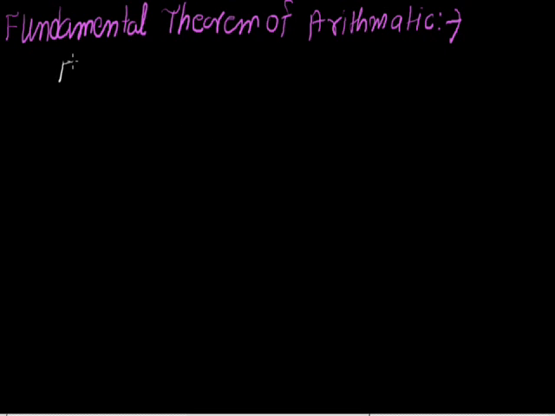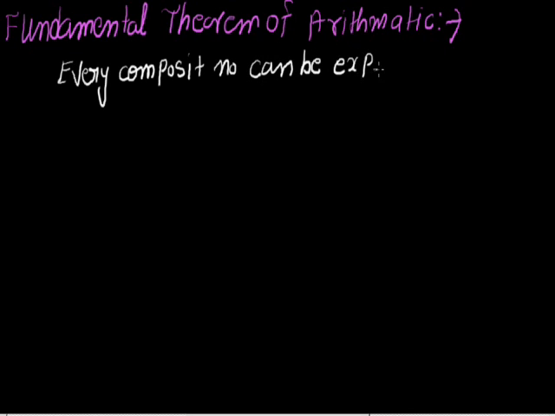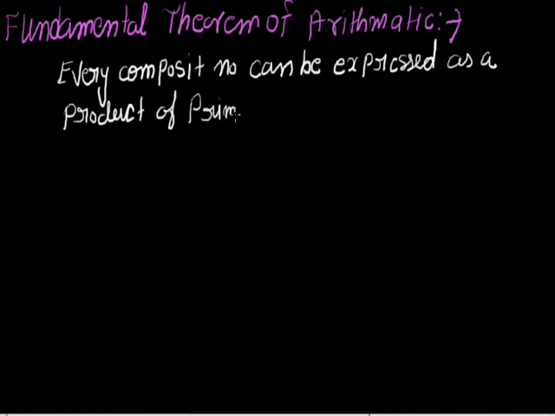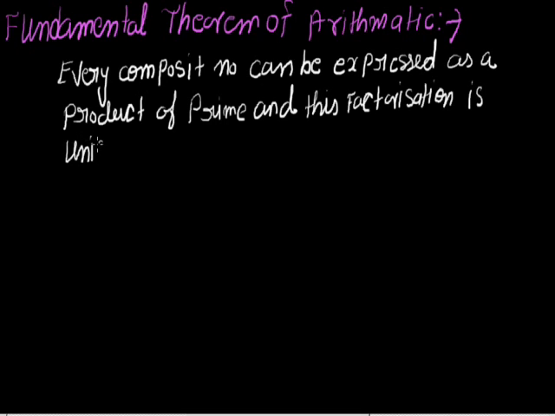According to this theorem, every composite number can be expressed as a product of primes, and this factorization is unique except for the order in which they occur.